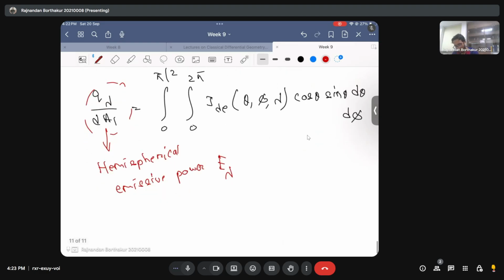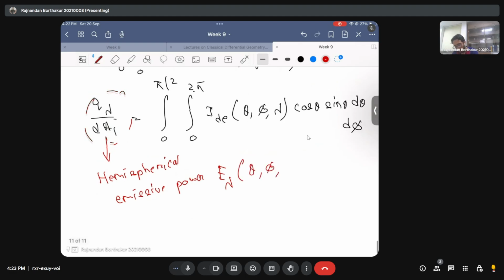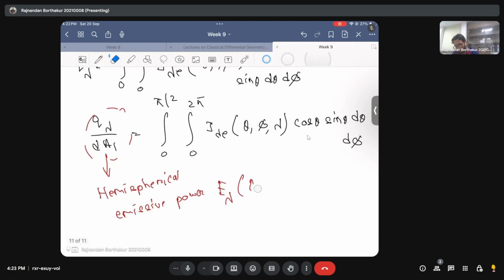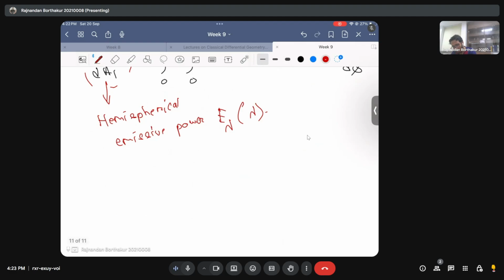Now what you are doing is integrating over the entire possible direction. So this E lambda is essentially a function of lambda only. So basically for the hemispherical emissive power, E lambda, you need to integrate the intensity of radiation over all possible directions.